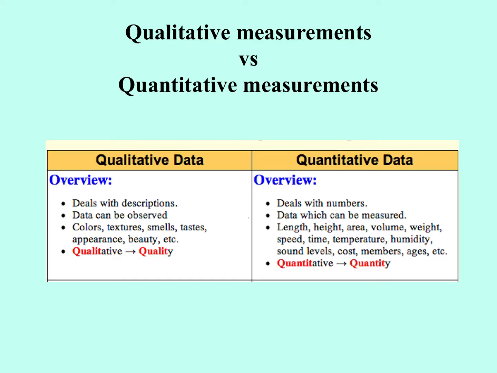Again, something about these two words should be in your notes because you're going to use those words right away. What is the difference between qualitative measurements and quantitative measurements and the data that we get from them? Qualitative with the L in the word, descriptions, colors, how does it smell? Quantitative will always have a number.